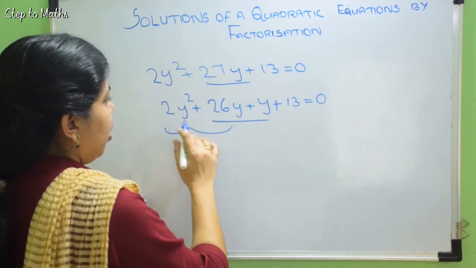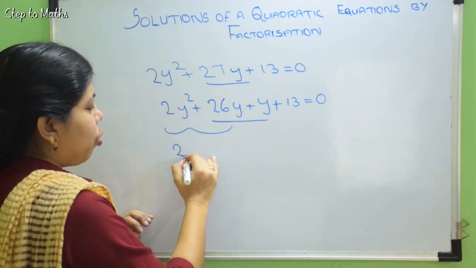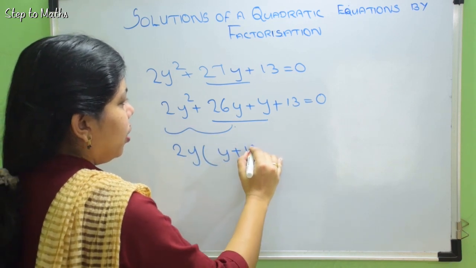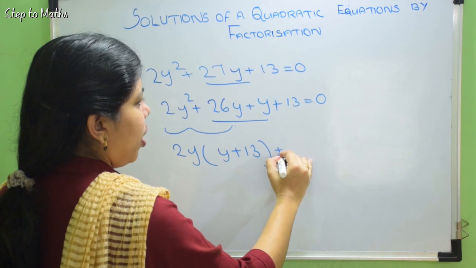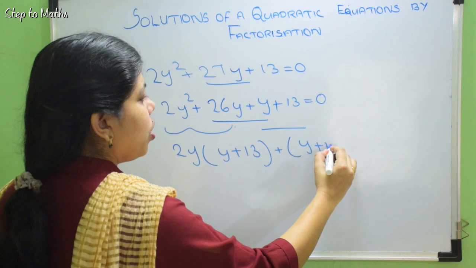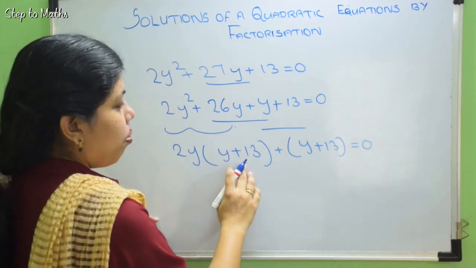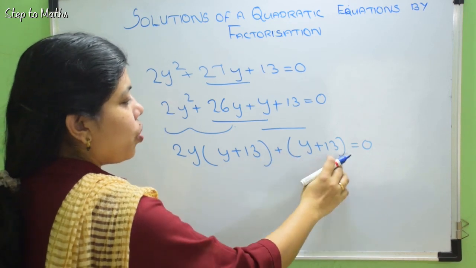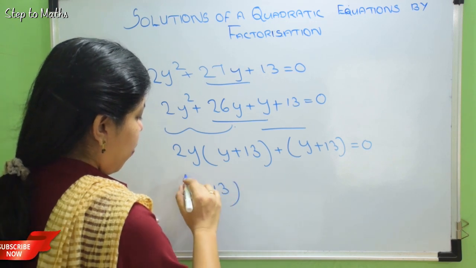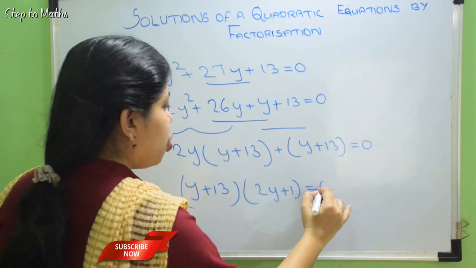Take the first two terms, 2y square plus 26y; we can take 2y common, so 2y into (y plus 13), plus (y plus 13). Then take y plus 13 as common: (y plus 13) into (2y plus 1) equal to 0.